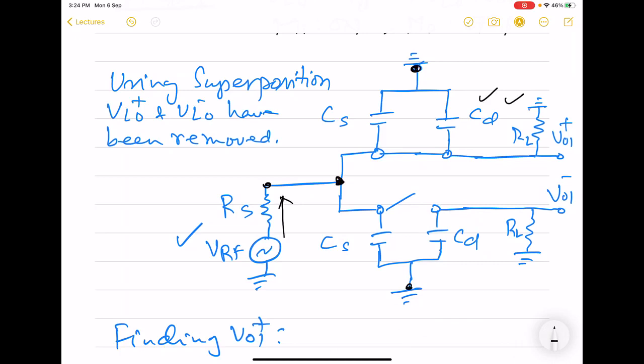So at this common source, which is common to both M1 and M2, there is a resistor RS between S and RF, and there are four parallel elements: CS, CD, RL, and this CS.